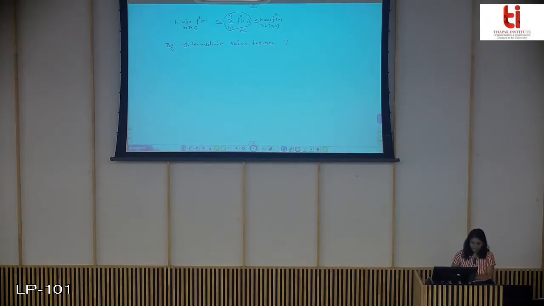What can we do for that? We can assume that f double dash ci, for i equal to 1 to n, is equivalent to the following.